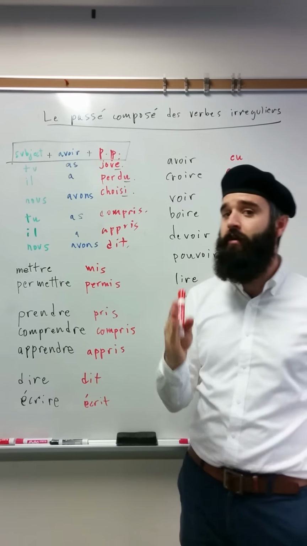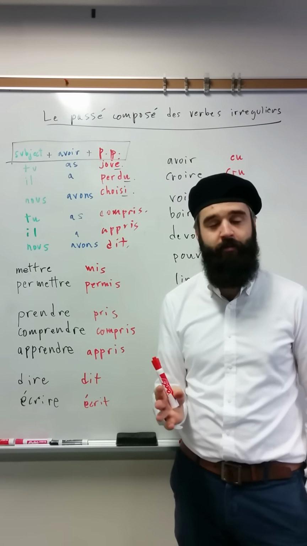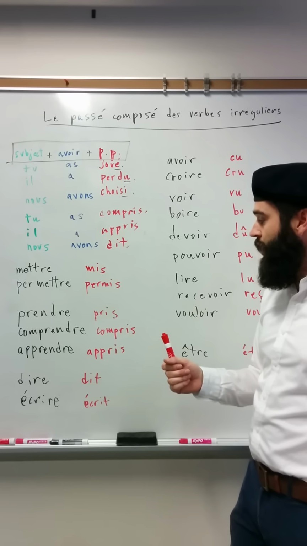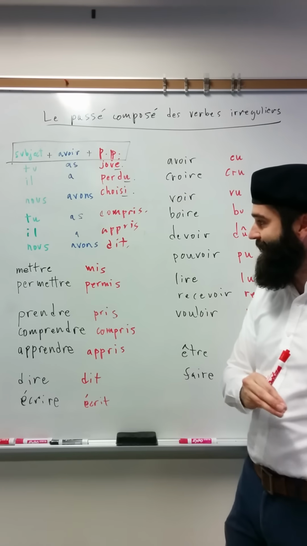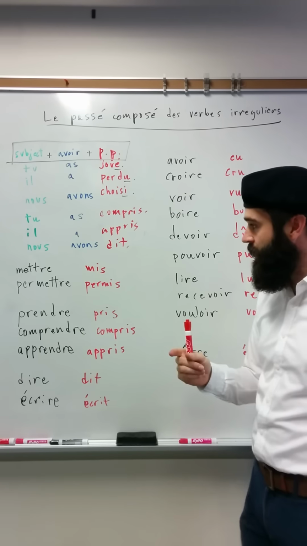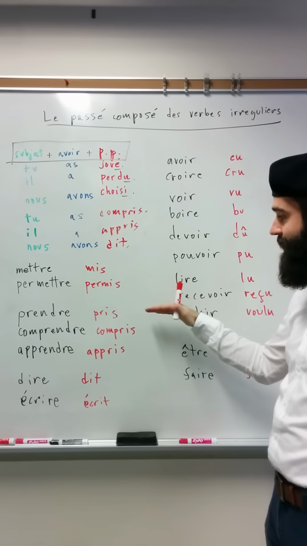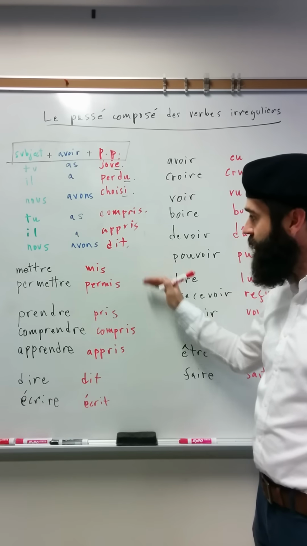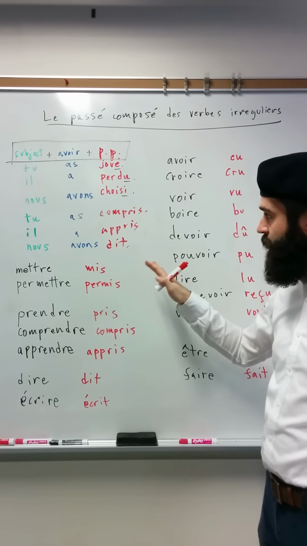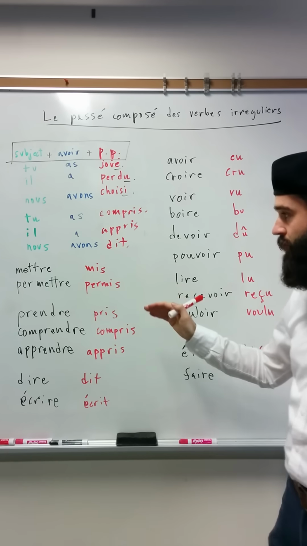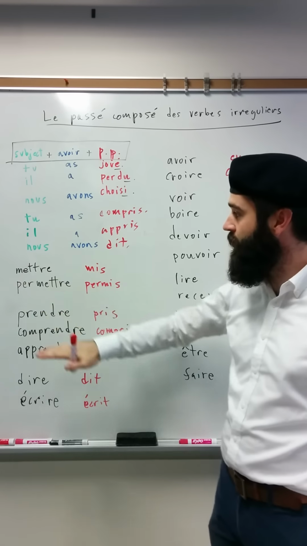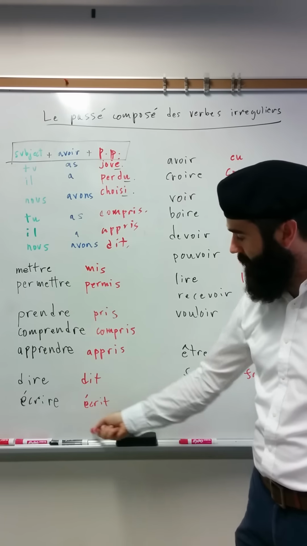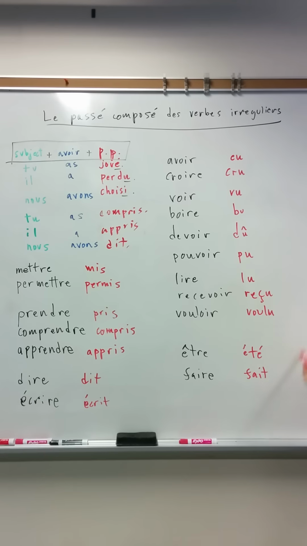For lundi, for Monday, yes, Monday. For Monday, I would like you to faire une phrase pour chaque verbe. Okay, a sentence for each verb using the past tense. Okay, so you will make a sentence up for mettre, prendre, comprendre. You will use the past participles, the ones in red.